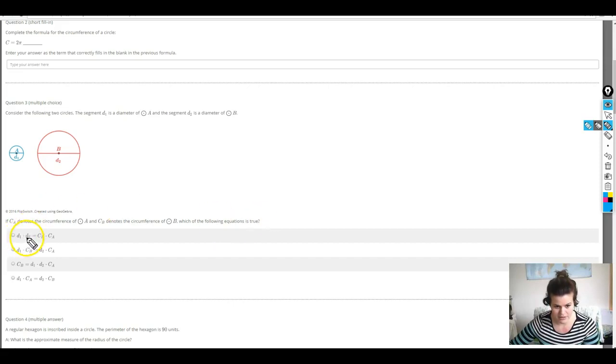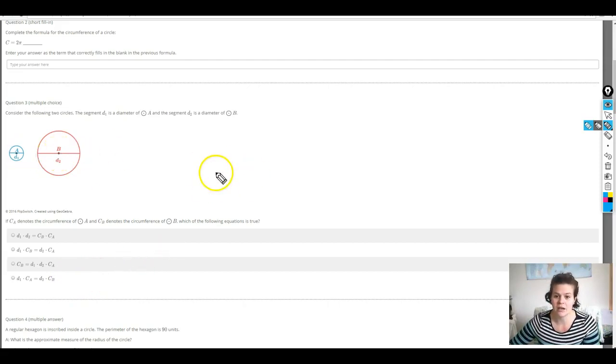Diameter 1 times diameter 2 is equal to the circumference of B times the circumference of A. Diameter 1 times the circumference of B is equal to diameter 2 times the circumference of A, or the circumference of B is equal to diameter 1 times diameter 2 times the circumference of A, or diameter 1 times the circumference of A is equal to diameter 2 times the circumference of B.